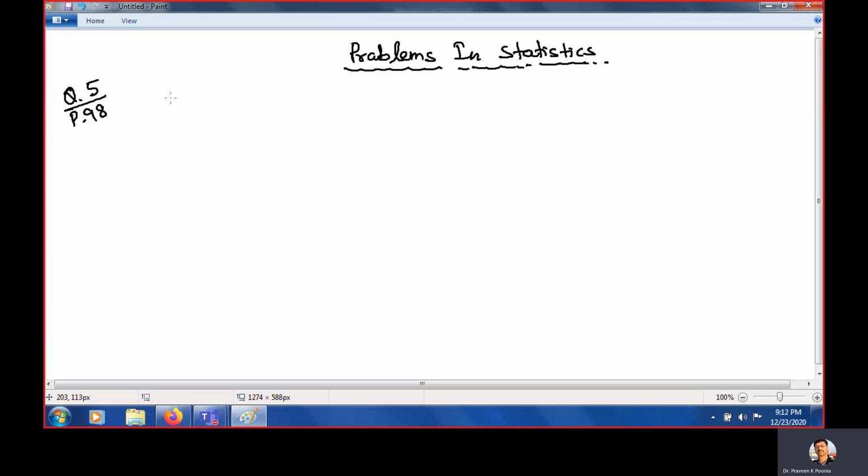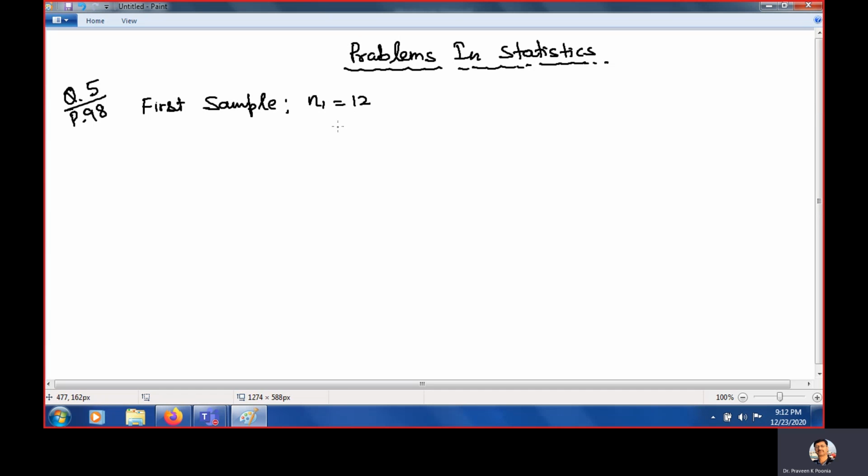What is this question? Question is, in a sample of 12 measurements. So there are two samples he is talking about. If we talk about the first sample, a sample of 12 measurements means n1 is equal to 12.